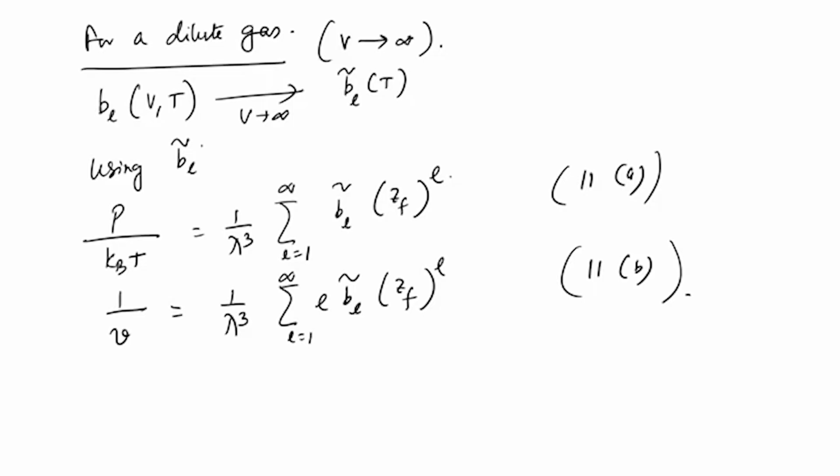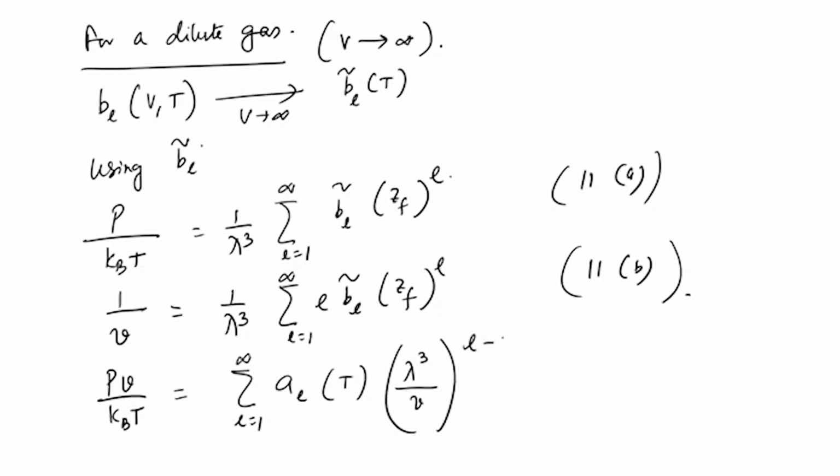In fact, you can combine these two equations 11a and 11b and write it as Pv over kT, which is a more familiar form for writing the equation of state, and that is nothing but the sum over l equal to 1 to infinity of A_l(T) times lambda cube by v whole to the power l minus 1, and let us call it 12, and A_l(T) is called the lth virial coefficient.